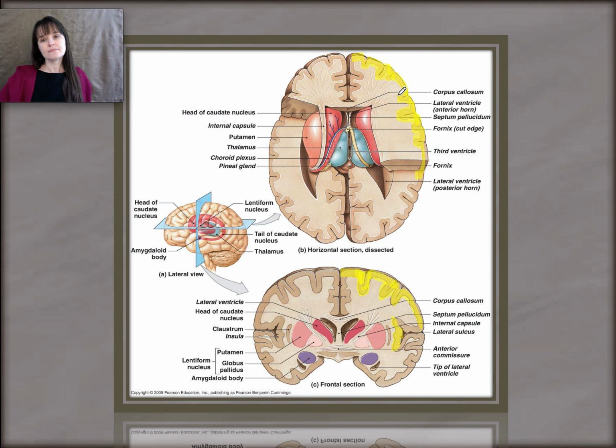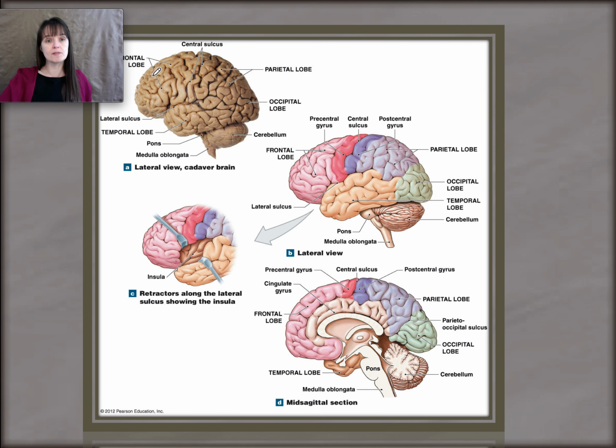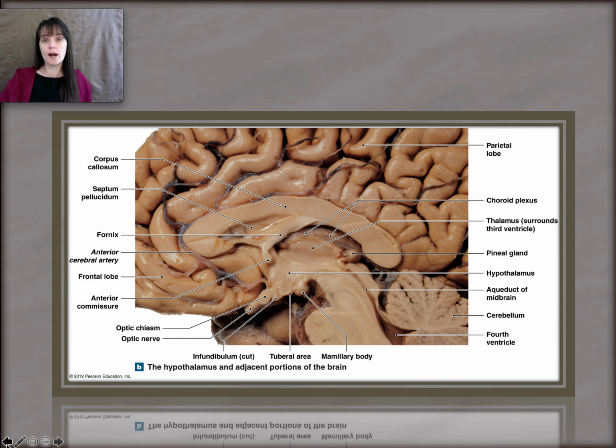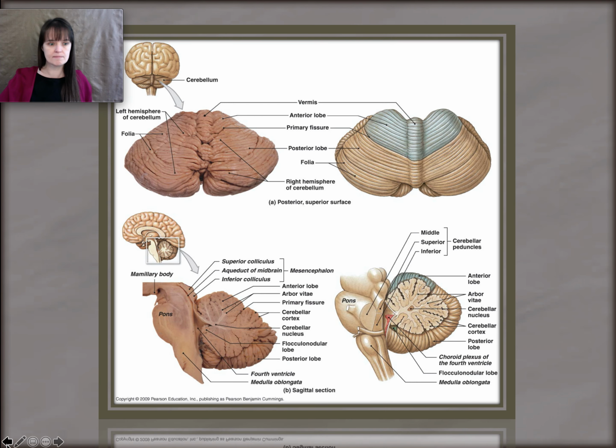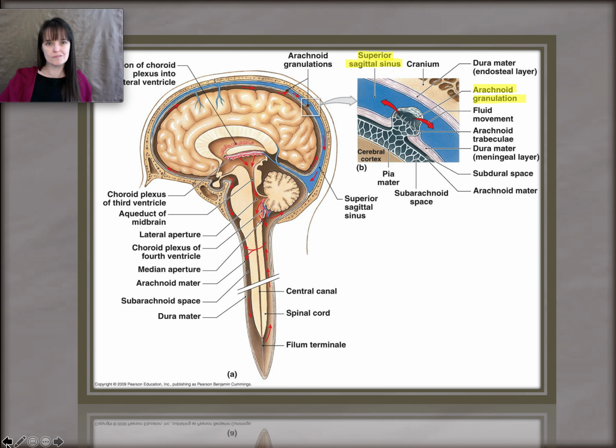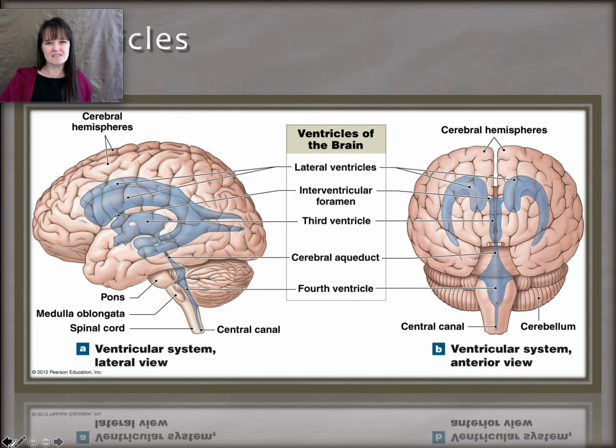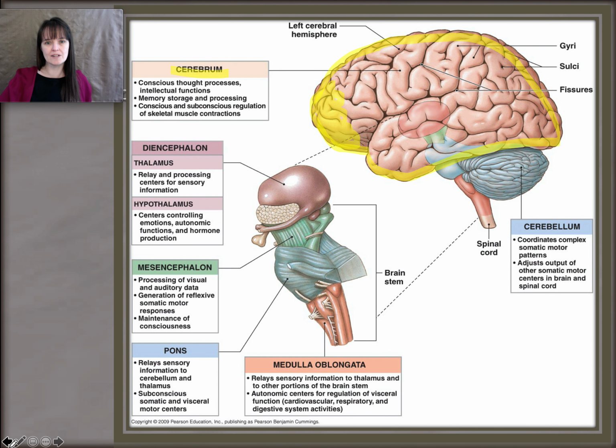So the cerebral cortex is the outer edge of the brain. It's gray matter, and it's the surface of the cerebrum. If you're looking at the surface of the cerebrum, you're looking at the cerebral cortex, just like an uncut orange and its rind, but wrinklier on a brain.